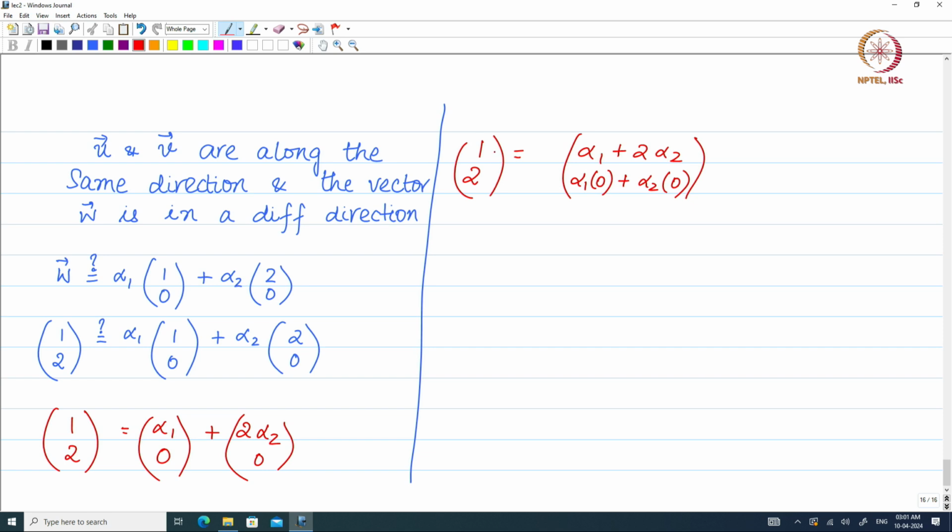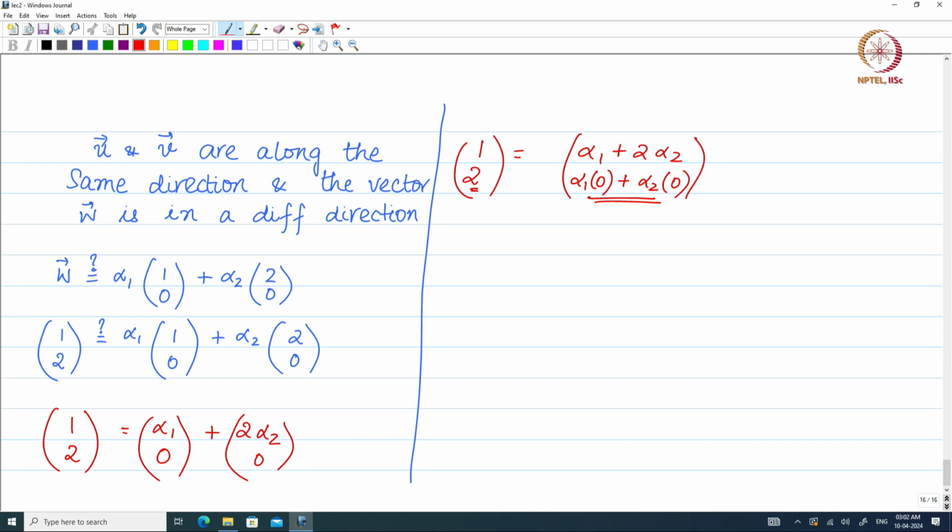So, the first coordinate is satisfied. However, you would still get a 0 in the second component, which can never be equal to 2. Which means that if you have two linearly dependent vectors, you cannot obtain the resultant vector 1 2 as a linear combination of the vectors given to you, which are 1 0 and 2 0.